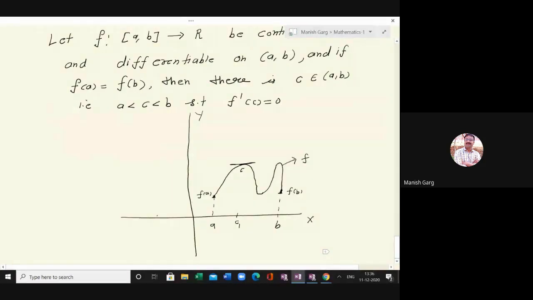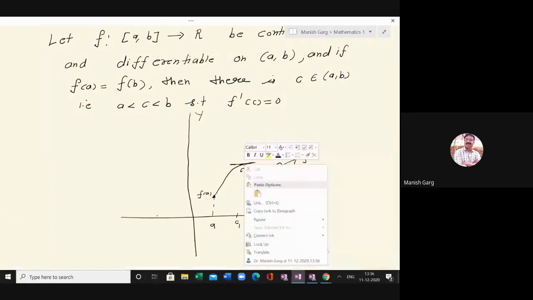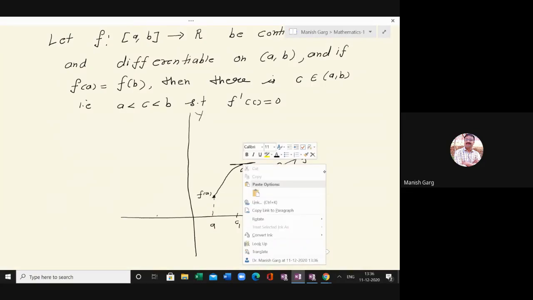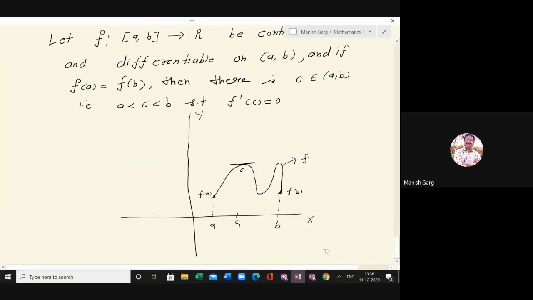F dash c is equal to 0 means what? This line is parallel to the x-axis. It means there exists a point between a and b such that the tangent at that point will be parallel to the x-axis. This is c1. Or in this graph there may be one more point c2, and you can write this c3.